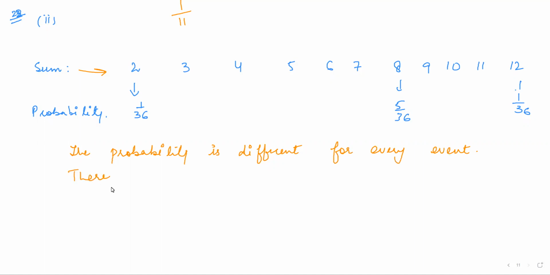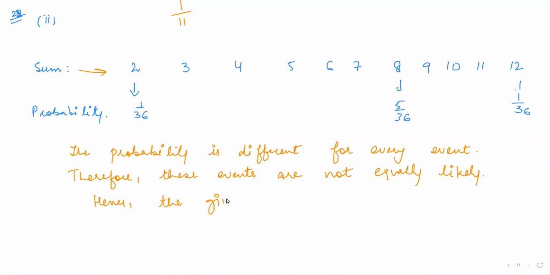Therefore, these events are not equally likely. And then we can say hence the given argument is incorrect, or this is not a correct argument. Anyway, you can write.